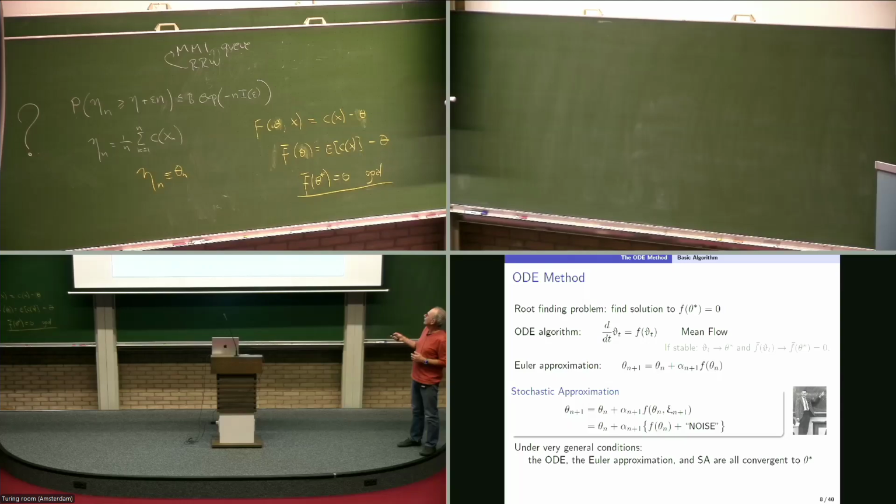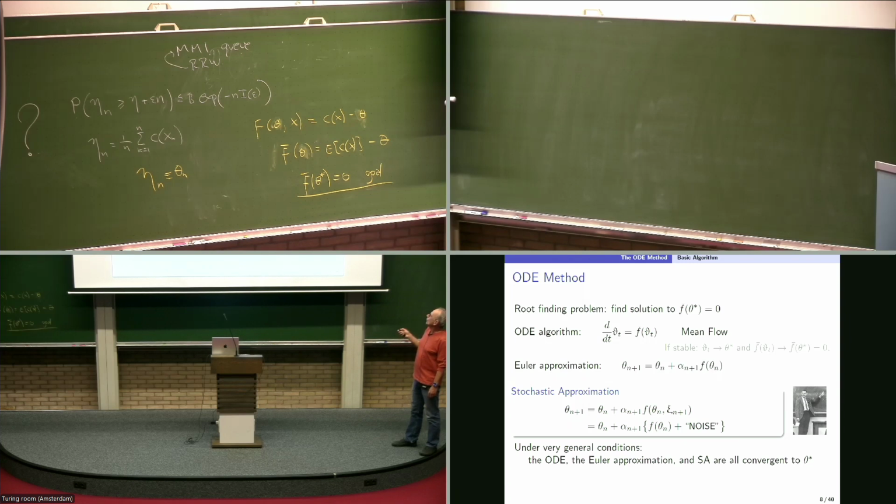Okay, so this function is designed so it's equal to this plus noise, which at least asymptotically is zero mean. So C is an ergodic Markov chain typically, and then the steady state mean of this with theta fixed is exactly this. I'll be very precise as we go along.